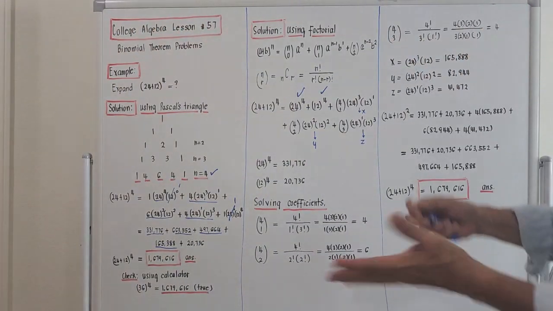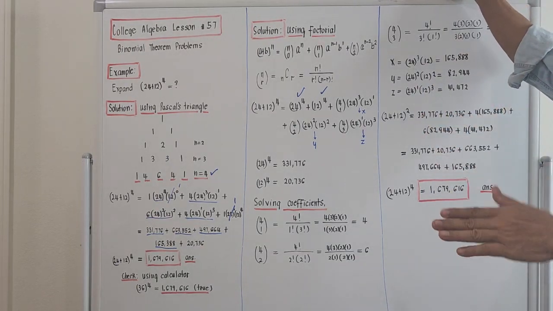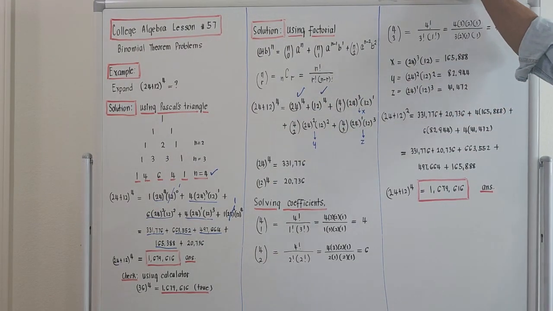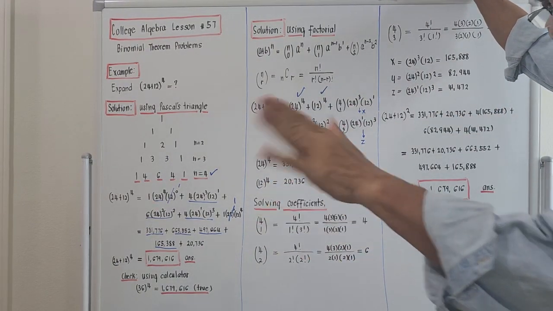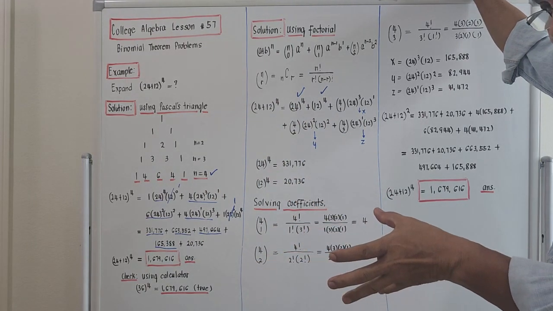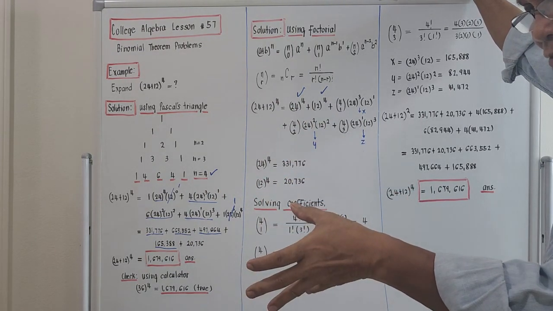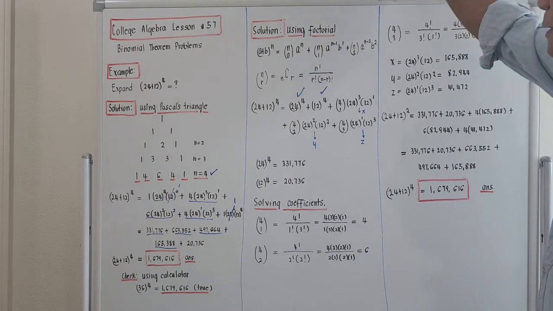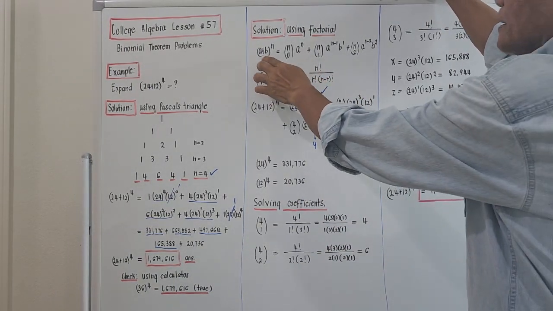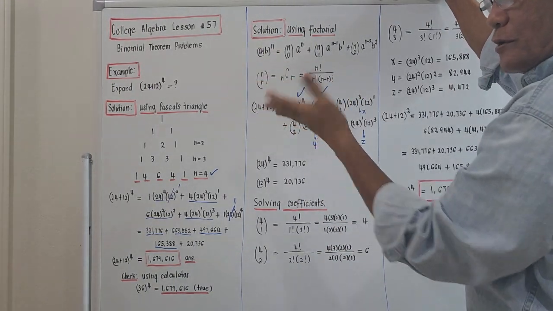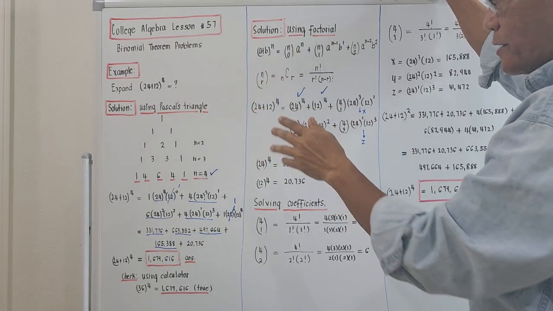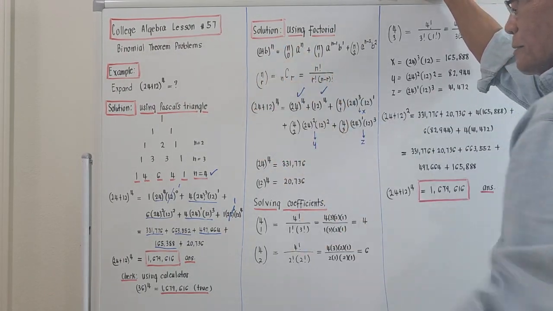Okay. Solution number 2 is by using factorial, just simply factorial. Let's bring out the formula and how to expand the binomial terms using factorial. Originally, our representation was a and b inside, so (a plus b) raised to n.